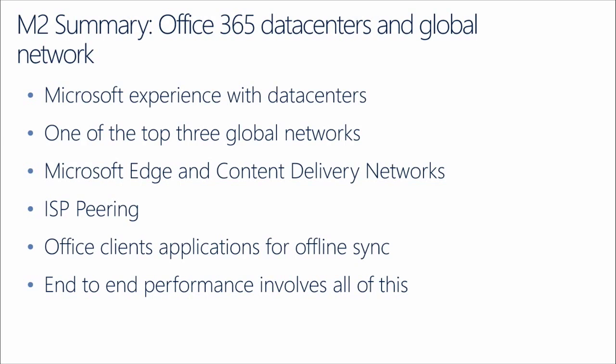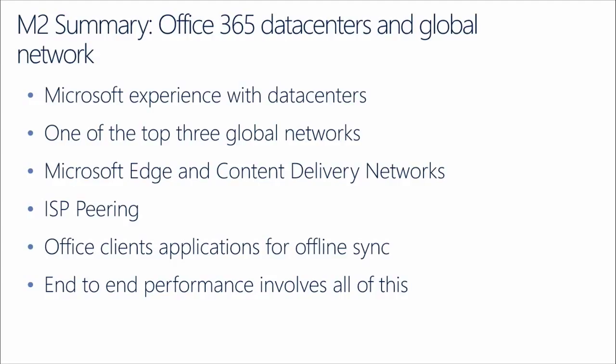All right, so we've come to our summary time, Alice. We have been talking in this module about Microsoft data centers for Office 365. We've been talking about the network connection, and Alice, you shared with us how Microsoft has one of the top 3 networks in the world, which is great for customers to be able to access and use, and avoid the internet, which is great in some places around the world and not so great in others.